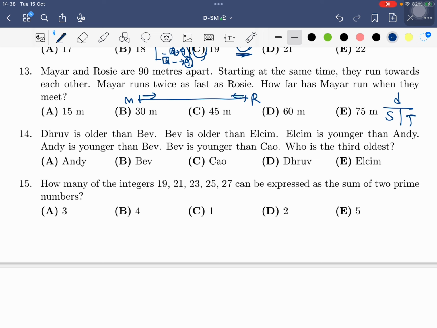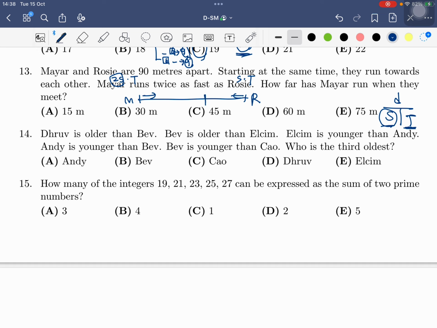Maya has twice the speed of Rosie, and the time is the same because they start at the same time and meet at the same time. The distance is speed times time. So Maya's speed is 2s and time t, and Rosie's is s and time t.